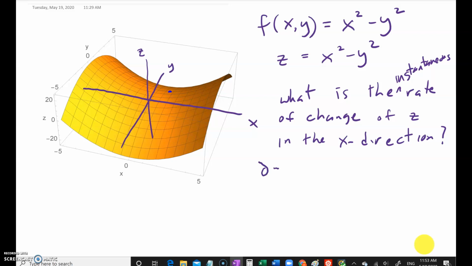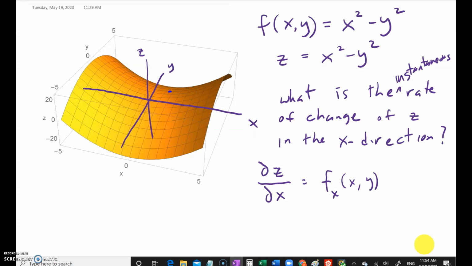One is a funny looking, curvy d, dz dx, which is called a partial derivative of z with respect to x. Or you can also do this f and then a subscript x, meaning in the direction of x, of x y. So two different notations for the same thing.